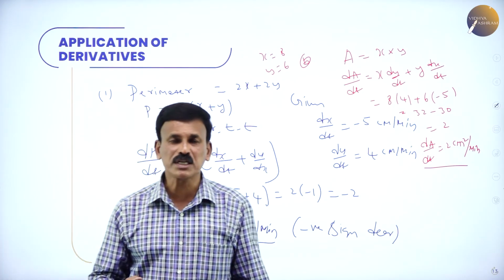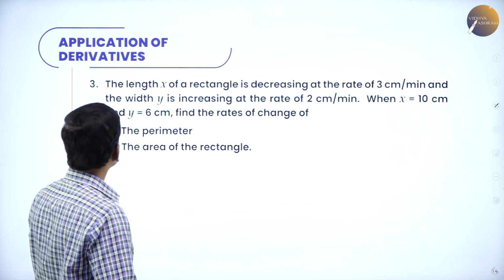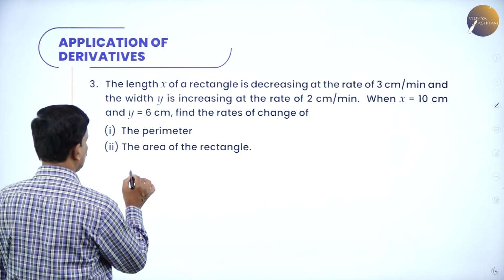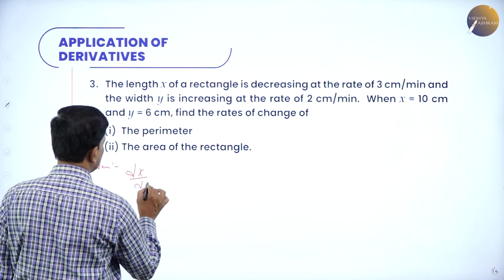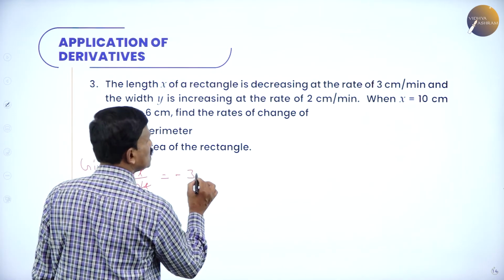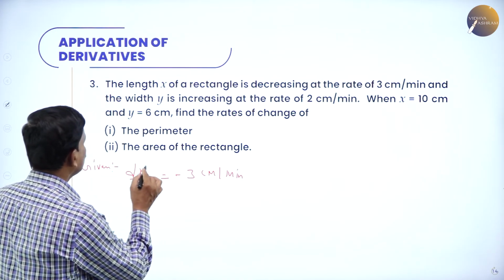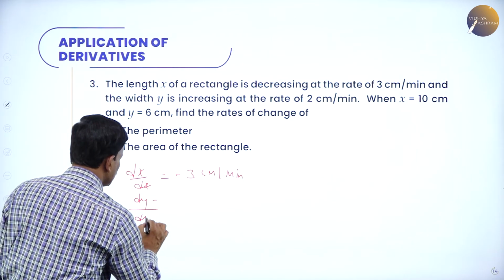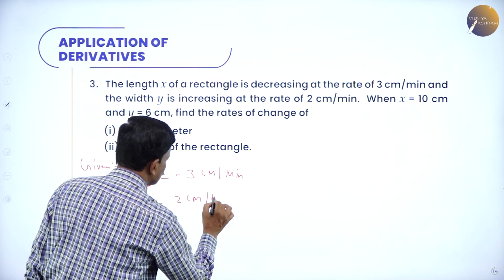Now let us come to the same type of problem. Let me take one more similar problem. The length x of a rectangle is decreasing at the rate of 3 centimeters per minute. Straight away I will write what is given. Given that dx by dt, the length x of a rectangle is decreasing, means minus 3 centimeters per minute, and the width y is increasing at the rate dy by dt equal to 2 centimeters per minute.